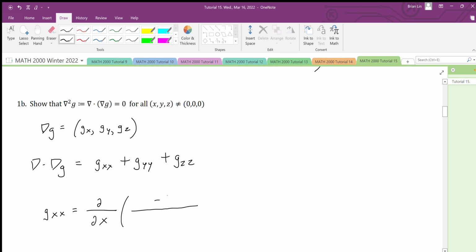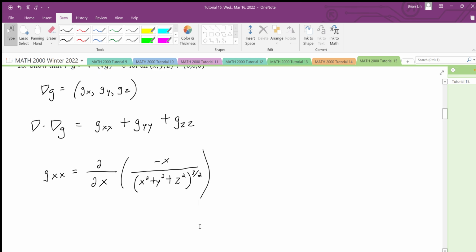Okay, so we have this. And then we take the quotient rule. I assume we know how to do that.